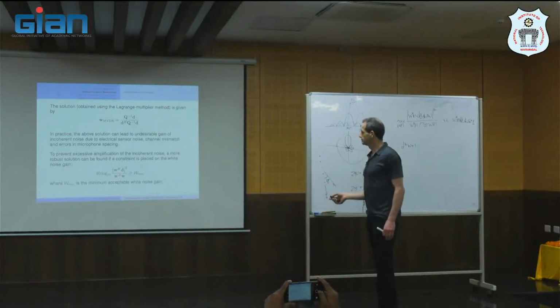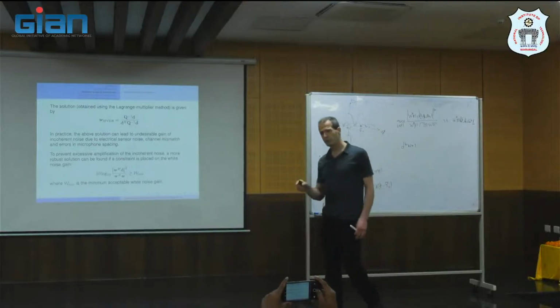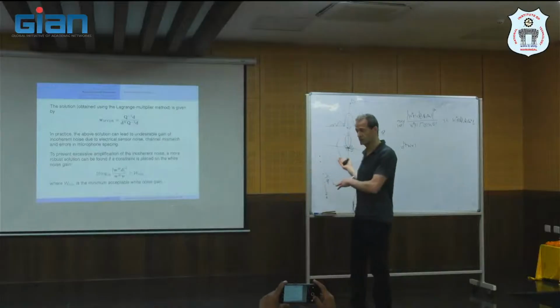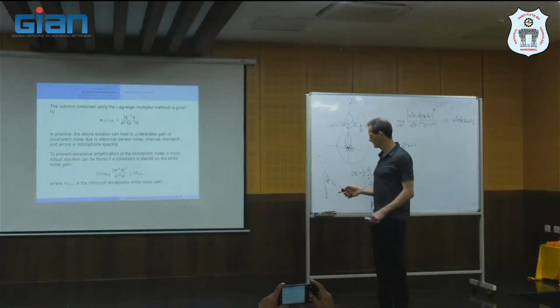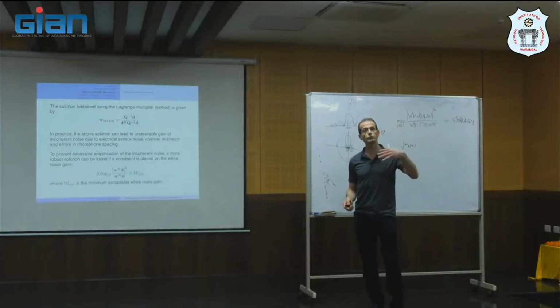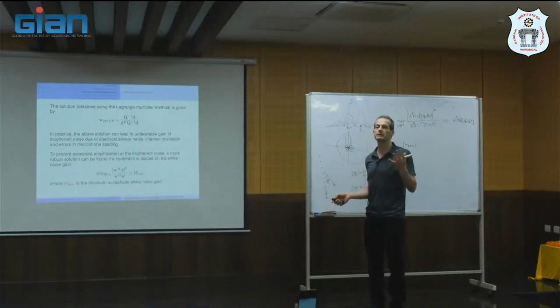And one of the problems of MVDR and also maximum directivity factor is the white noise gain. When we try to maximize the directivity or find the minimum variance distortionless response, we get very low white noise gain.